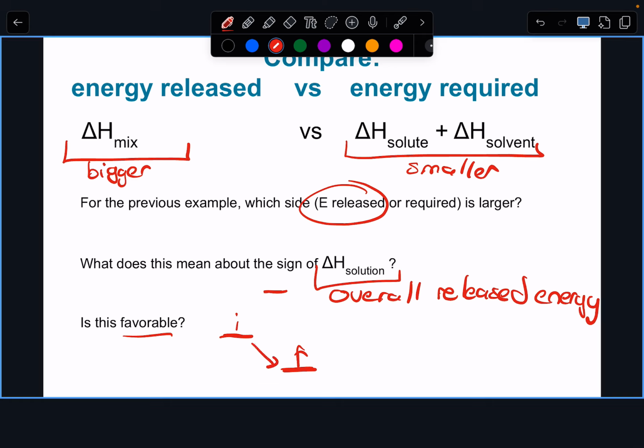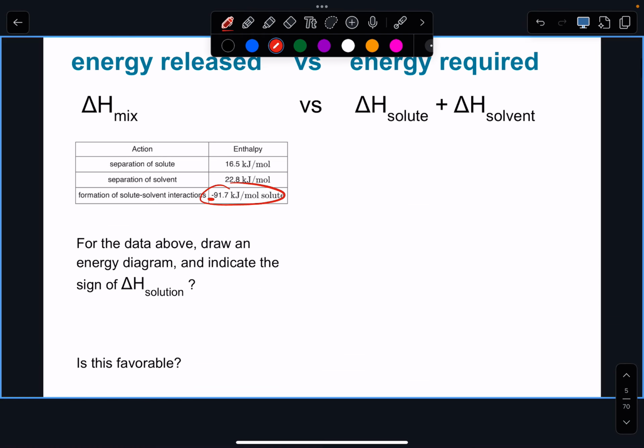And the question was, can it be the other way? Can we have it going up in energy? Each step in the process is always positive or negative, right? Like these two are always positive. This is always negative. The overall is really going to just depend on the difference between those. So let's draw. I'm going to do it on this one, even though these numbers are not corresponding with this.